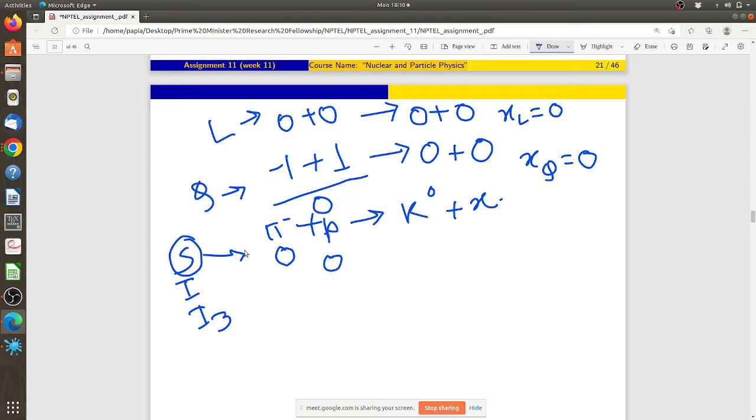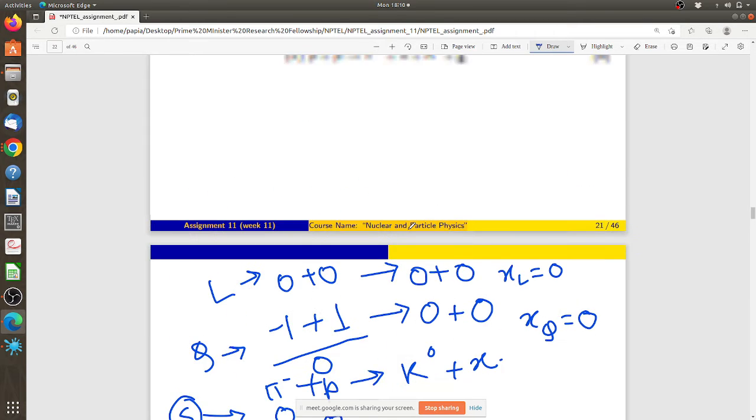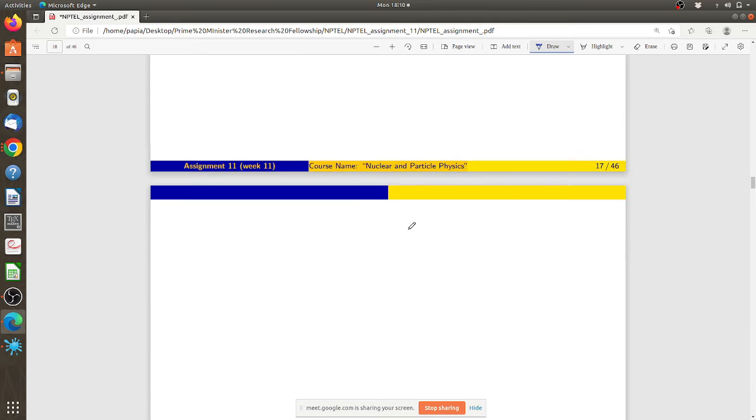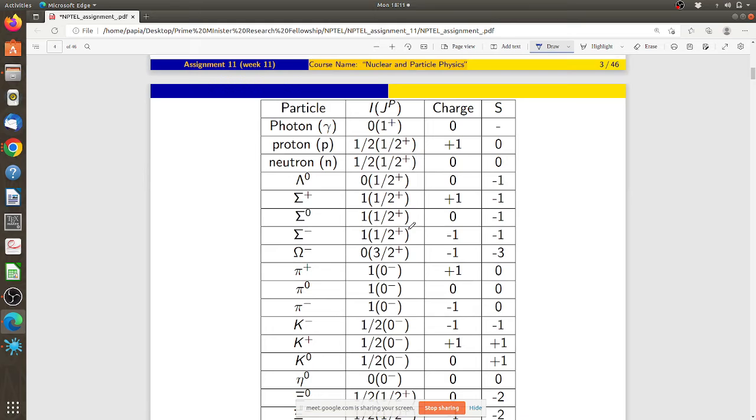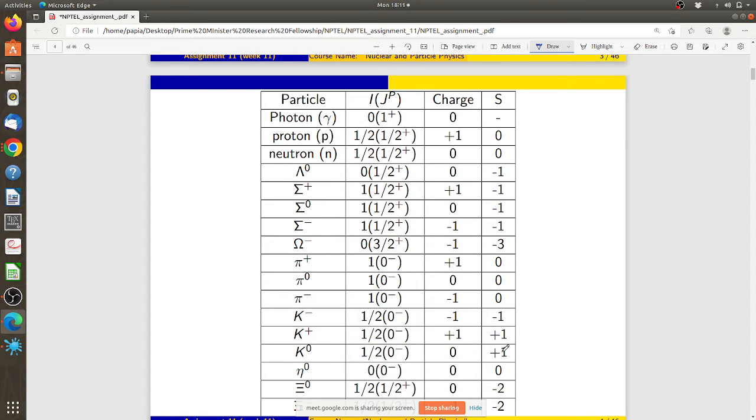And for K0, what is the value of S? I forget, but you have to remember this. For K0, S is plus 1.